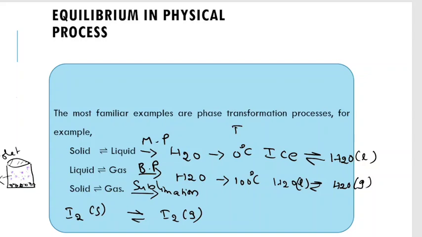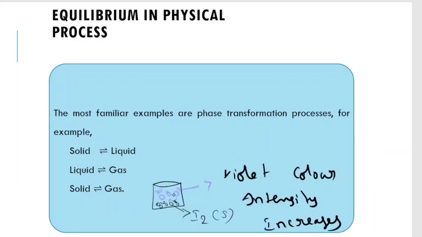But with time, as the product's concentration increases, you can clearly see the intensity of the violet color definitely increases with time. Here, the violet color vapors start increasing as the solid I2 exists in equilibrium with the gas.